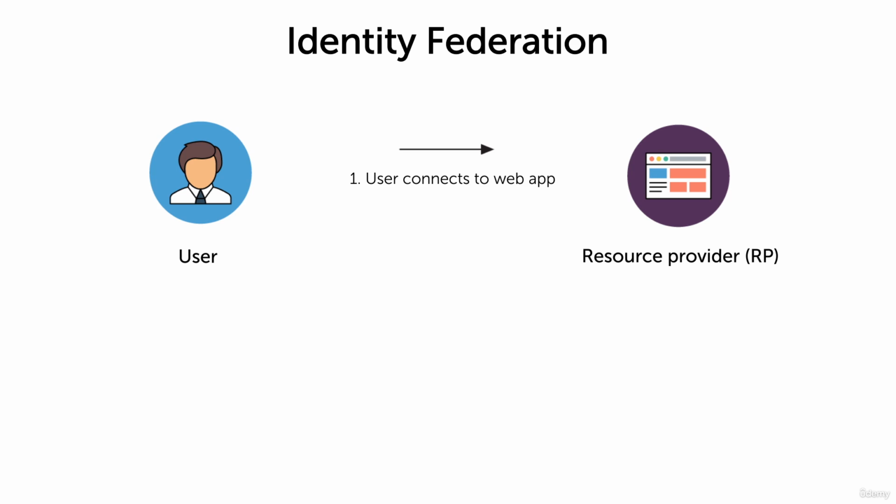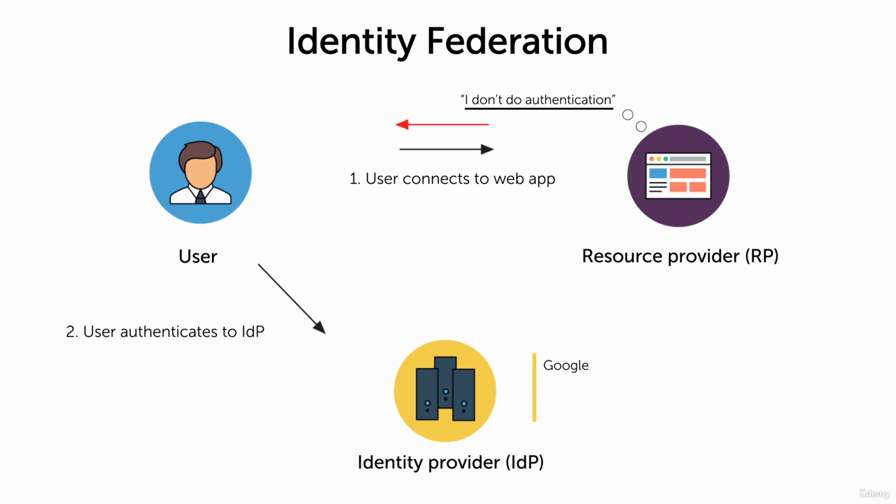Now, the next thing that happens in step number 2 is that resource, that's a resource provider, will then send some kind of a notification back to the user device saying, I don't do authentication. Instead, why don't you go through this central identity provider? Whether it's Google, whether it's Facebook, or whether on premises it's just an Active Directory domain controller. You can do that too. Either way, the user in step 2 is redirected to the centralized identity provider, the IDP.